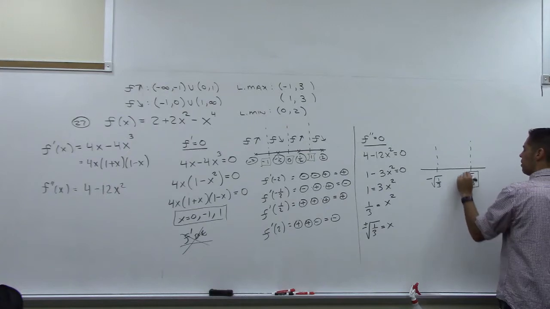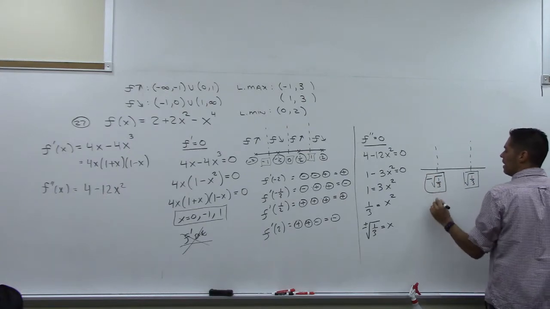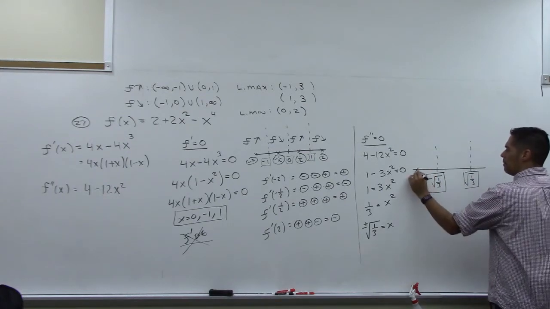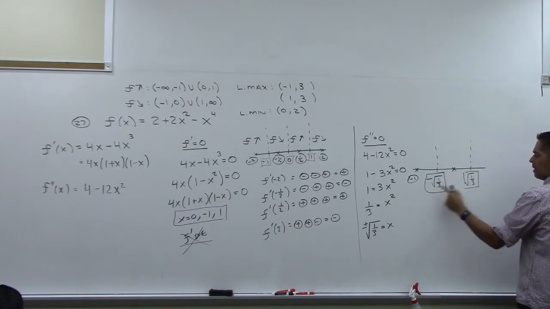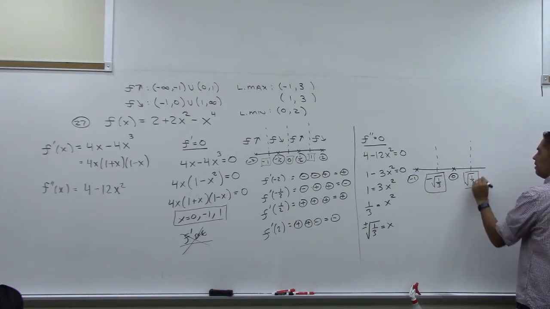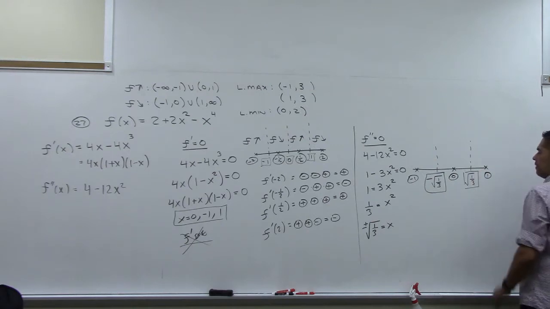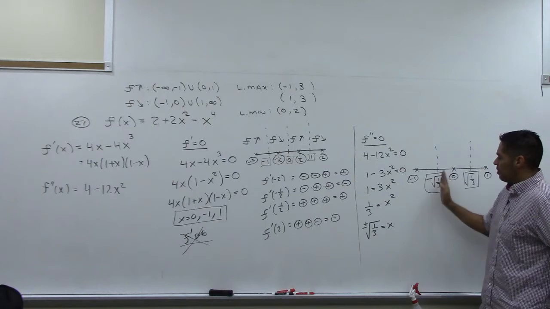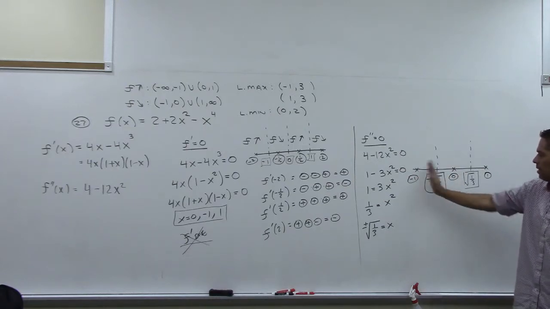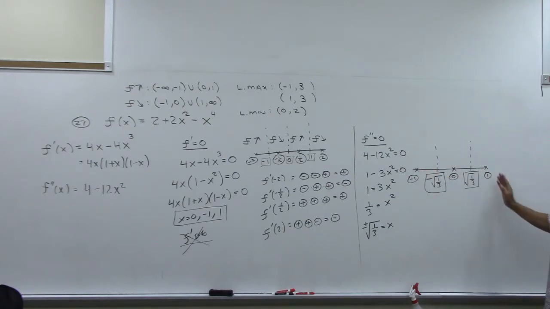These are critical numbers. So I need test points. So I could pick a test point like -1. I could pick 0 because between a negative and a positive, there's always 0. And then over here, 1. And if you didn't know what to pick, you could put this in your calculator, get it as a decimal, so you'd be sure that you're picking a number to the left of it. Same thing with over here.